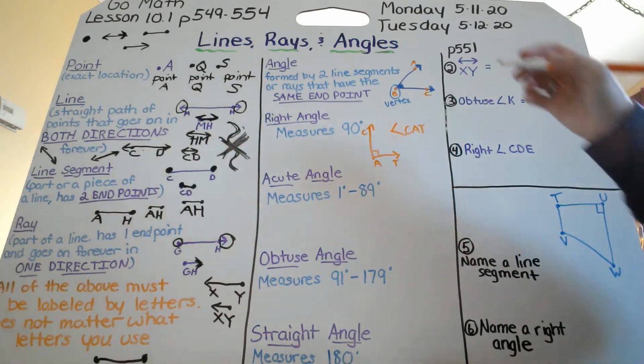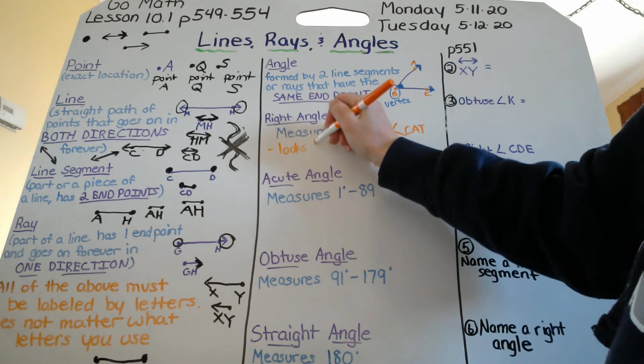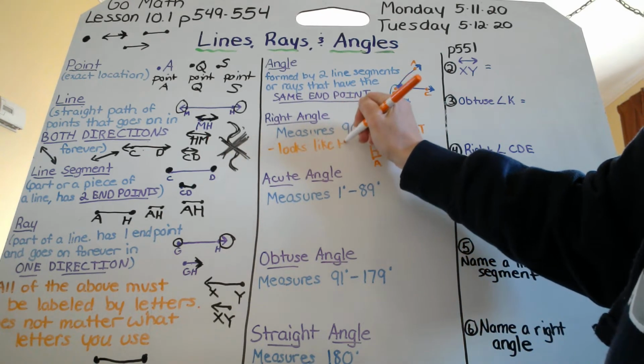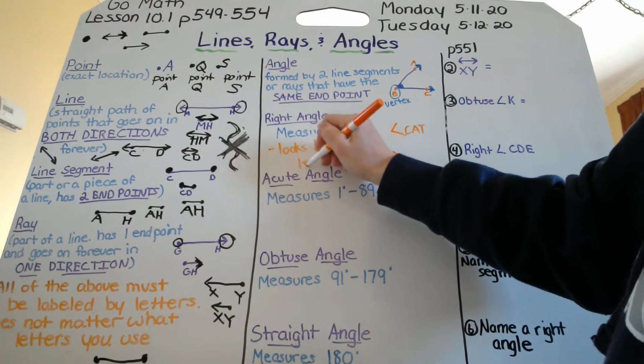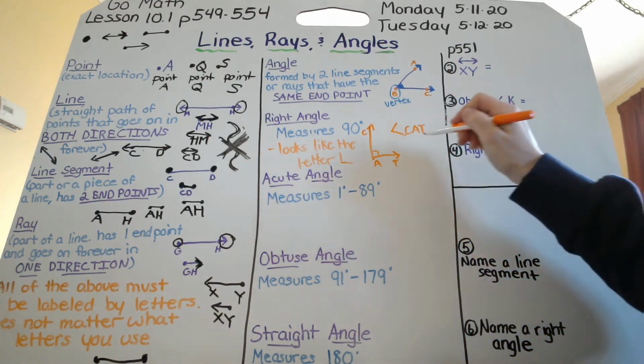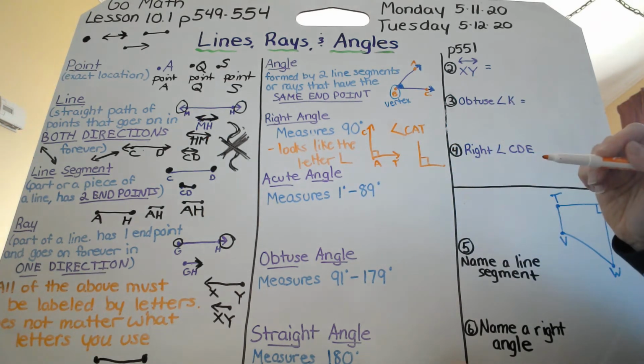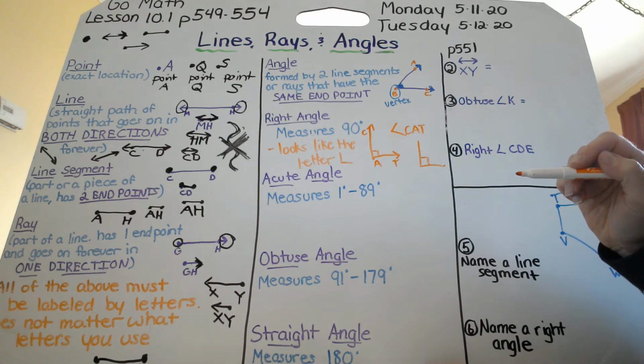Okay? So always, always, always a right angle looks like the letter L, the big L, okay? And it always looks like that, and it has that little box right there, okay?